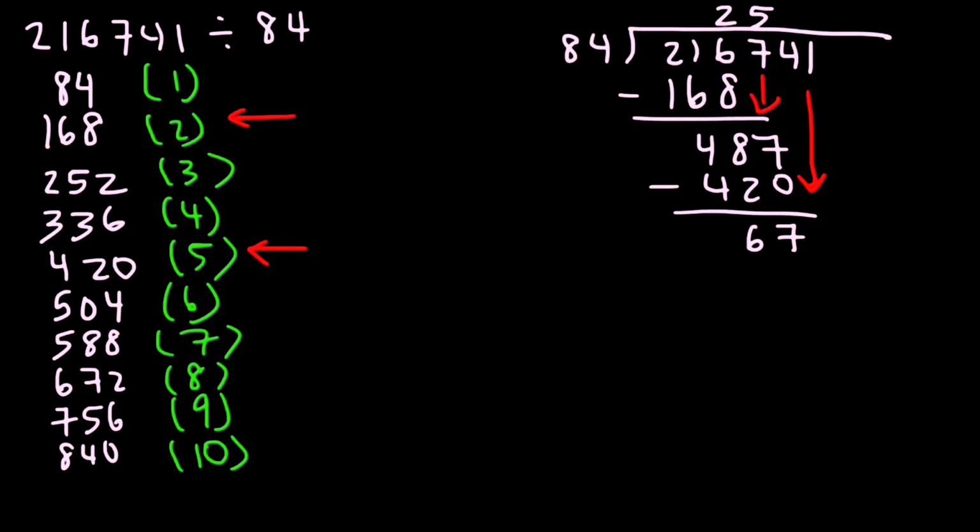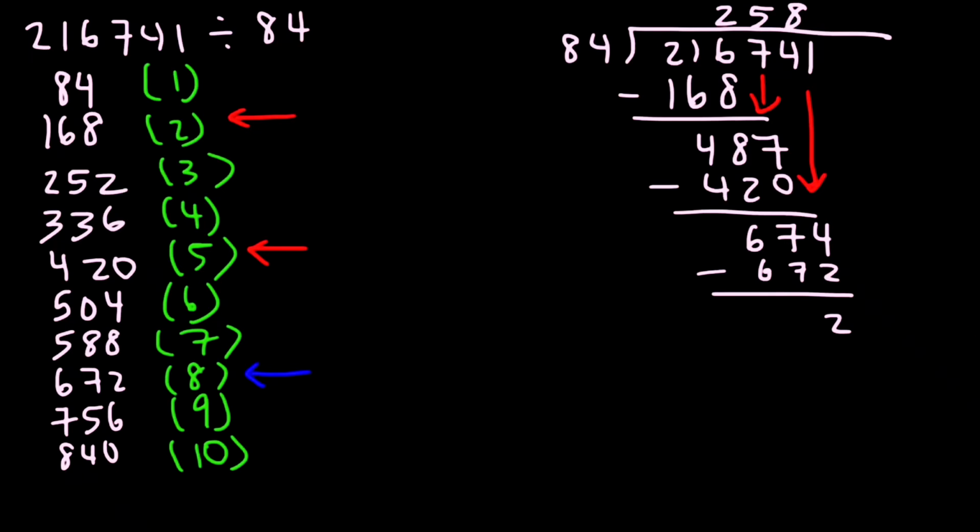So how many times does 84 go into 674? Well, 756 is too much, but 672 is just under 674. So it goes into it 8 times. 84 times 8 is 672, and the difference between the two numbers is 2.